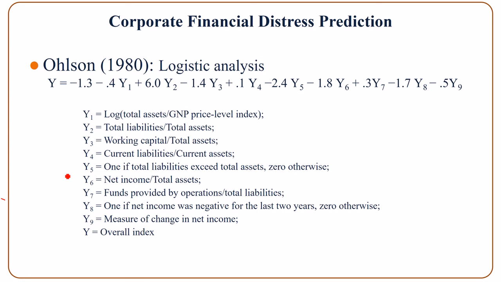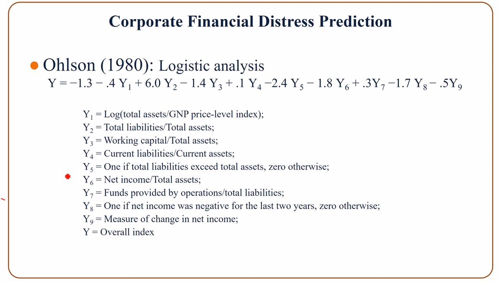The third predictor is working capital divided by total assets. The fourth is current liabilities divided by current assets. The fifth predictor is 1 if total liabilities exceed total assets and 0 otherwise.